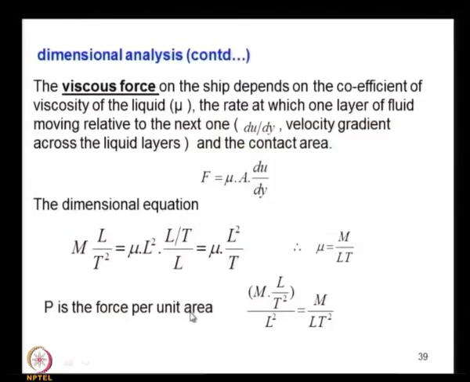So, P is a pressure which is force per unit area, and force is m into L by T square divided by area L square, and that is equal to m by L T square. So, that is the unit. So, that means kilogram divided by, you can just see that if you work it out, it will finally work out to be Newton per meter square.